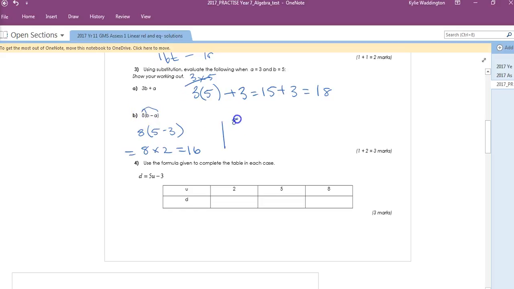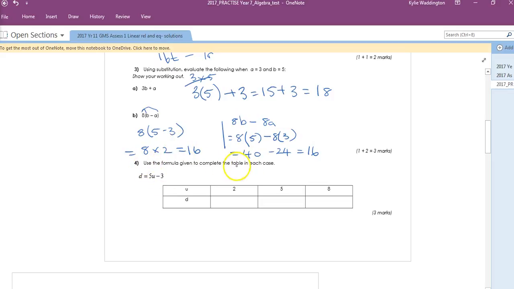So you have 8b minus 8a, which gives us 8 bracket 5 minus 8 bracket 3, which is then 40 minus 24, which gives us 16. I think this way is a little bit easier, but it's up to you.